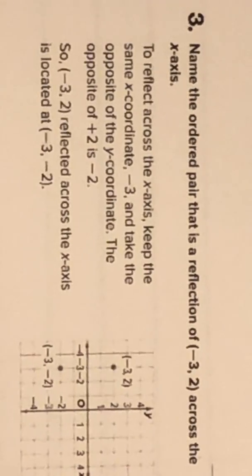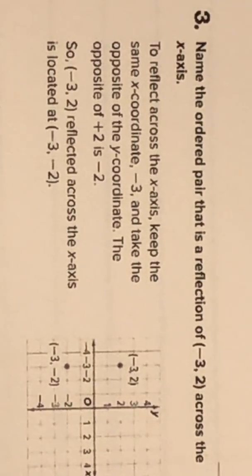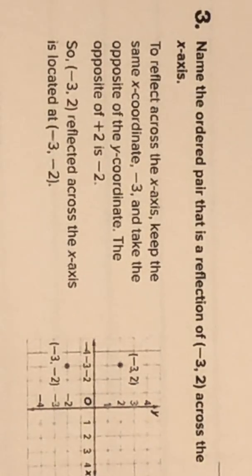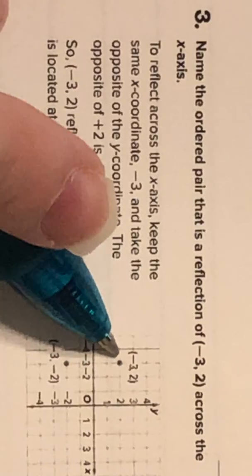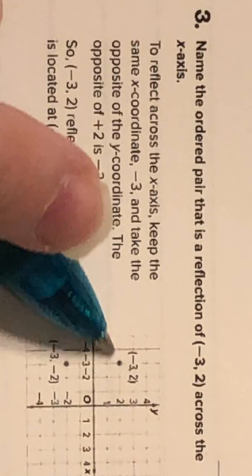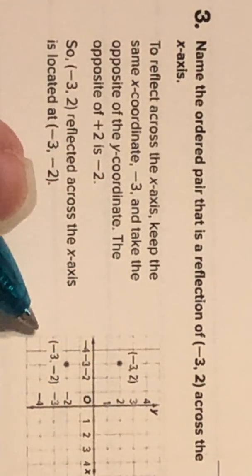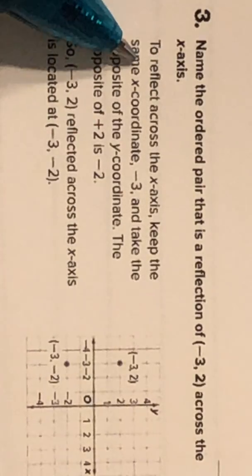So example 3 says name the ordered pair that is a reflection of -3, 2 across the x-axis. So this is where I start, -3, 2, and this is my x-axis, so I'm reflecting across, so I get -3, -2.